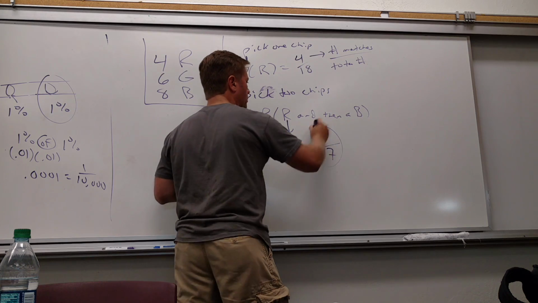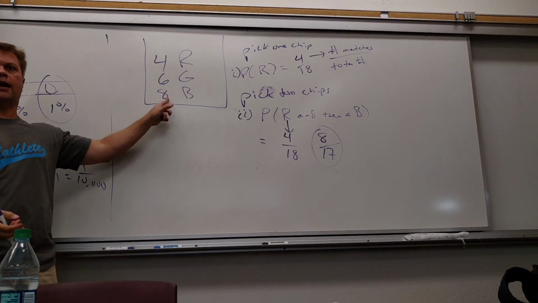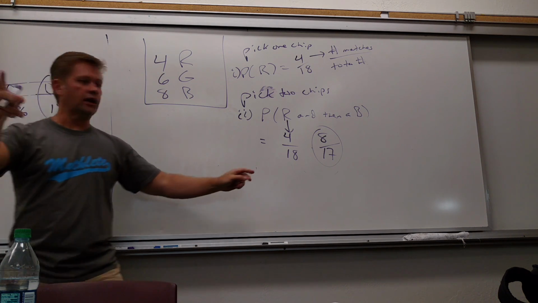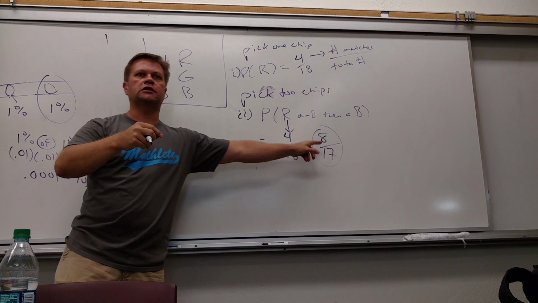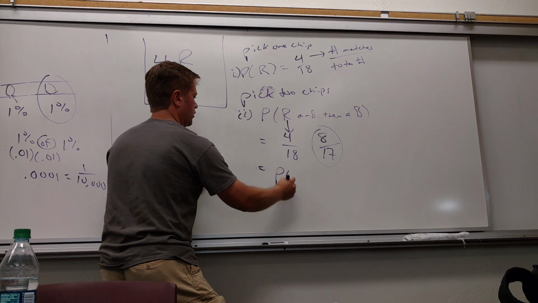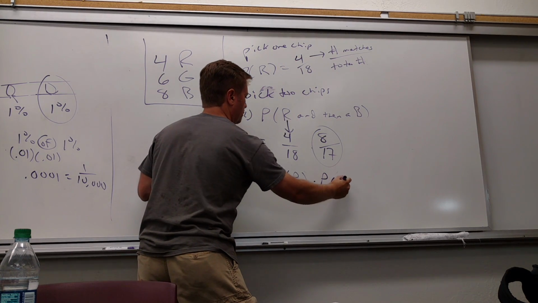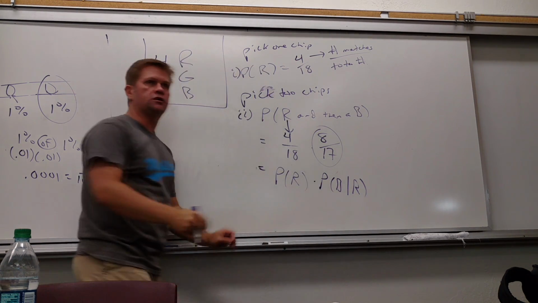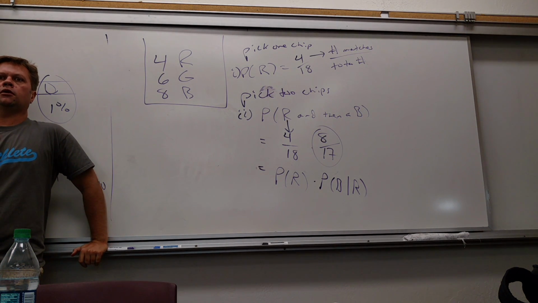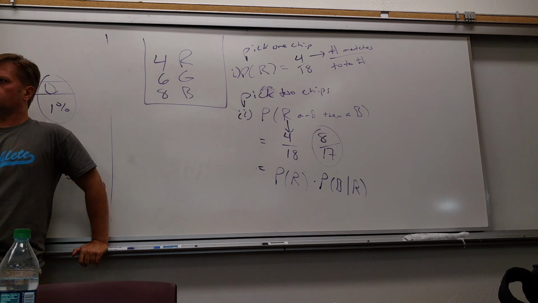So did this probability change from what it was normally? What was the probability of blue normally? 8 out of 18. Is it different now? Given that I picked a red first, what's the probability that I get a blue second? So this really is probability of red times the probability of blue, given that I got a red, which is exactly the formula that I had up earlier. So the second probability might change if the first thing that happens changes the situation.